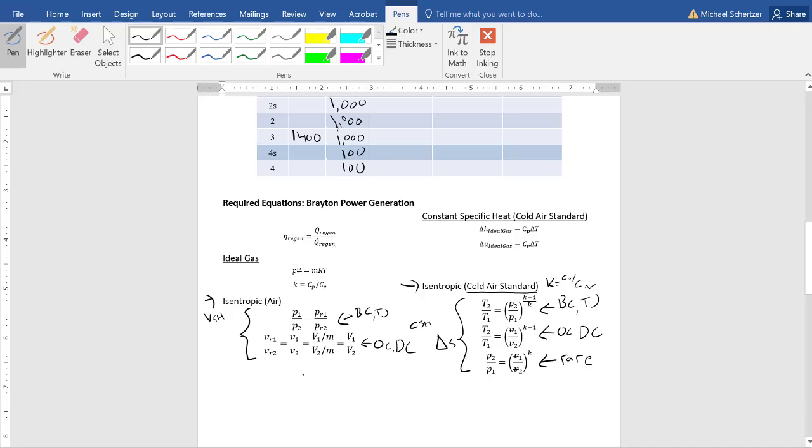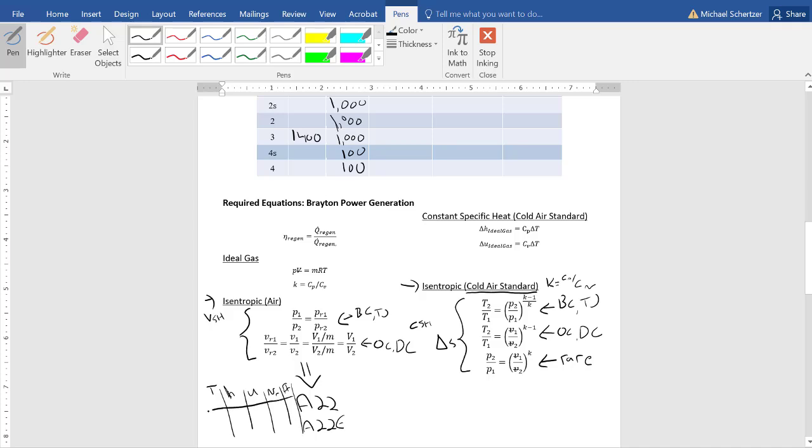But the other thing that we need, if this was going to be variable specific heat, is table A22 or A22E. If you remember that table, it's got temperature, it's definitely got enthalpy, it's got specific internal energy, and then it's got Pr and vr, these reduced pressures and volumes.